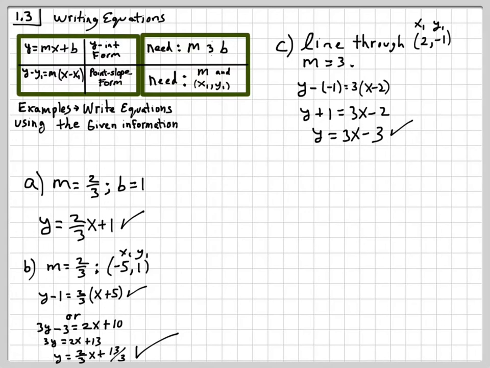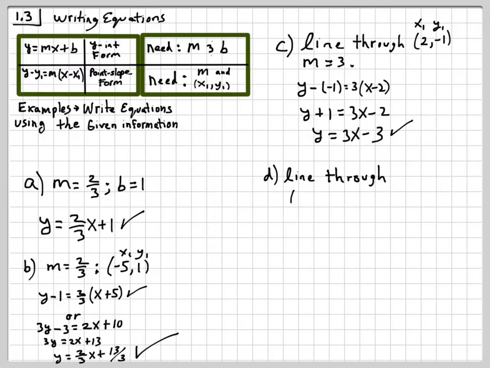So I have y minus y1, and y1 is -1, so y minus a -1 is the same thing as y + 1. Then I distribute the 3 on the right side, and then solve for y, and that is all.